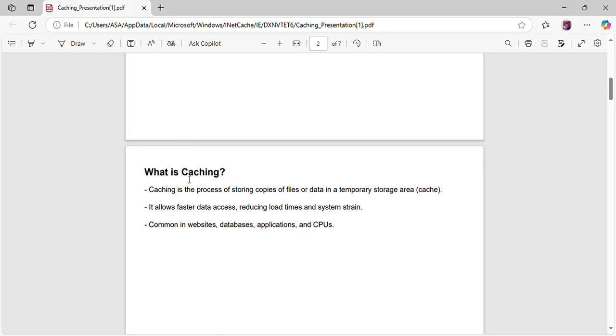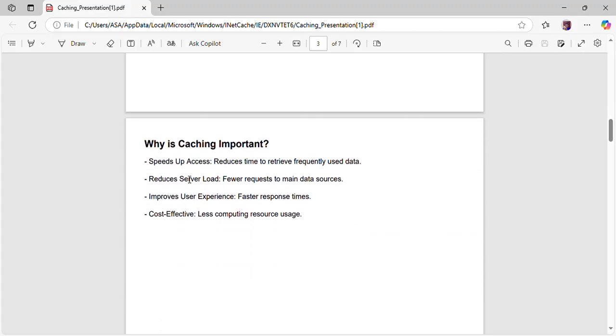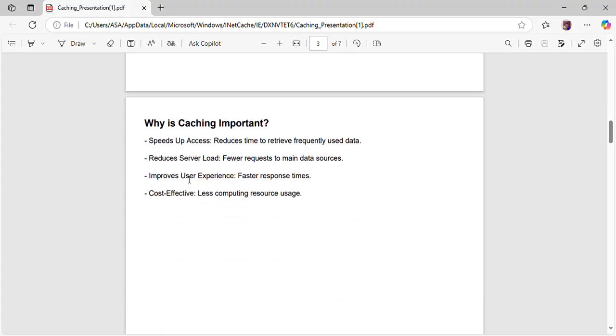It allows faster data access, reducing load times and system strain. So you don't have to go through certain things before locating the copy of the original data or the original file.